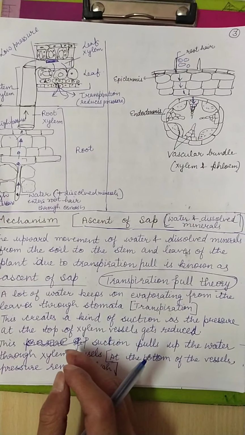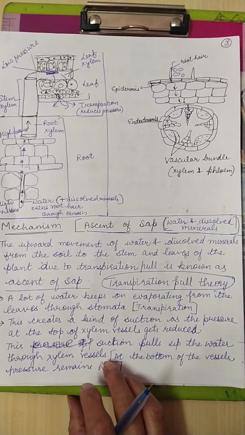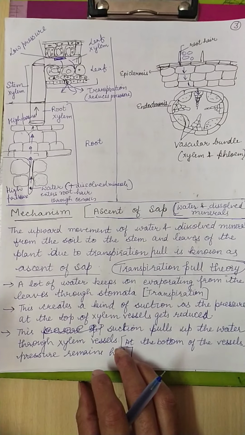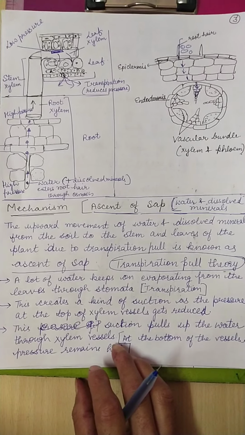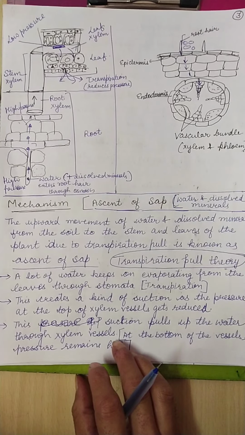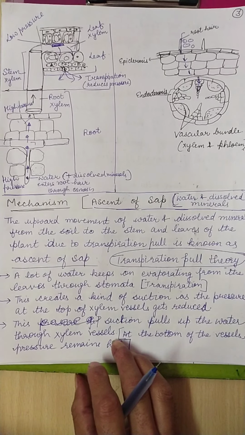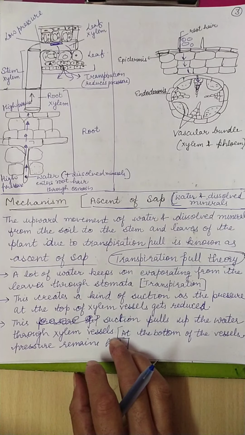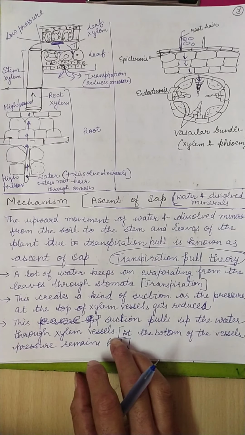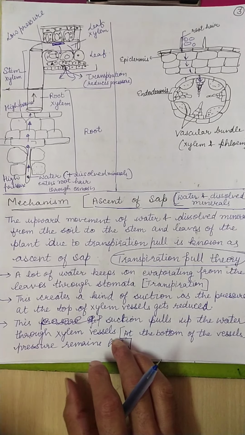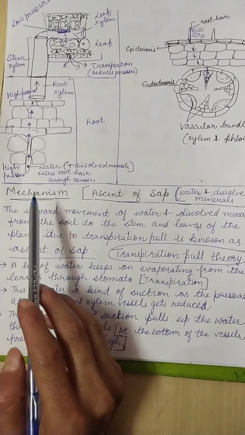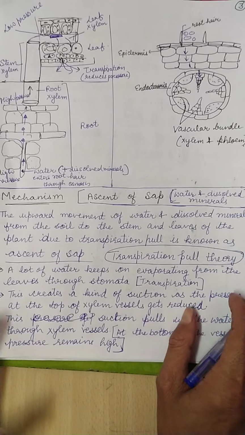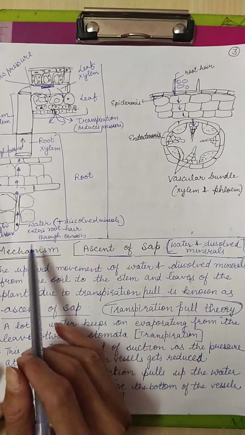Now, in today's video, we will discuss the mechanism. I told you that the water from the soil and the minerals dissolved in it in the form of nitrates and phosphates are transported to the upper parts. The passage followed by the water and the dissolved minerals can be seen through this.